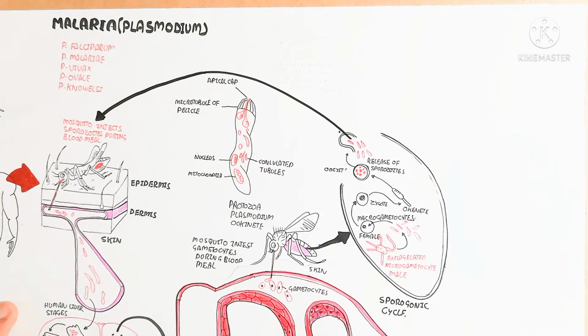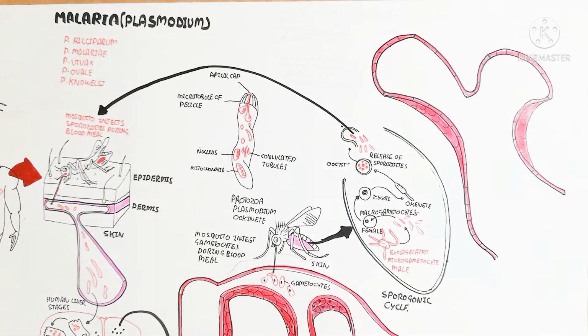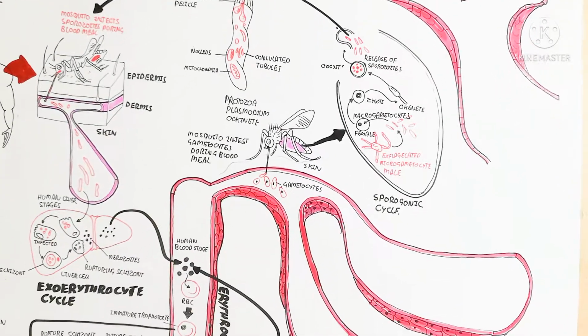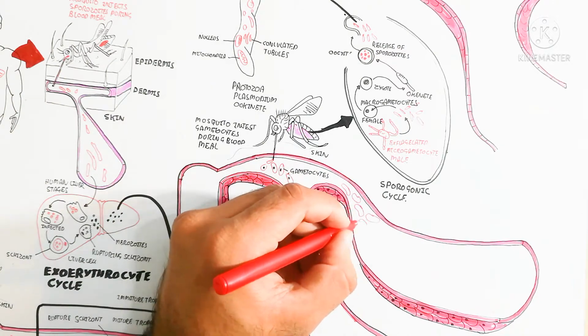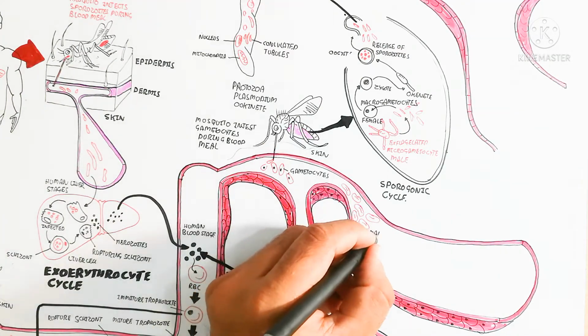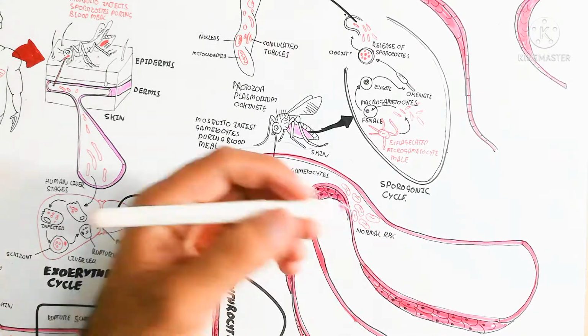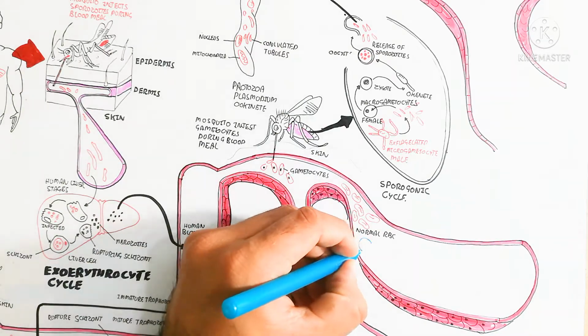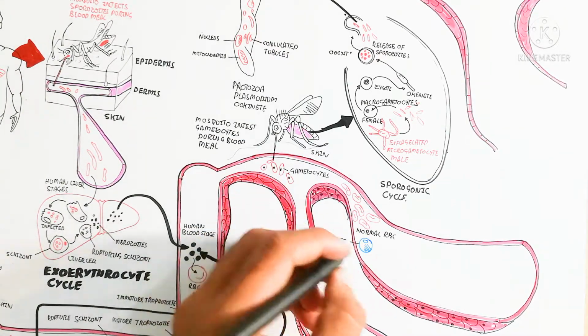So in this way the mosquito again injects sporozoites during a blood meal, and this cycle occurs again and again. In this way Plasmodium creates malaria. This malaria is basically due to Plasmodium, especially vivax and Plasmodium malariae.